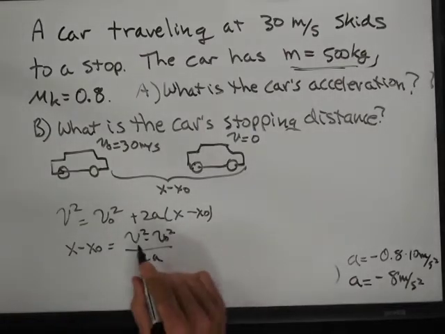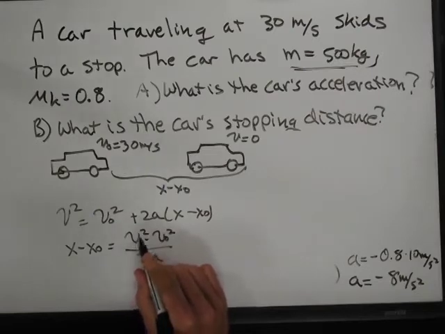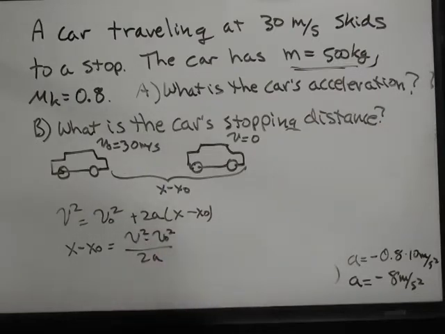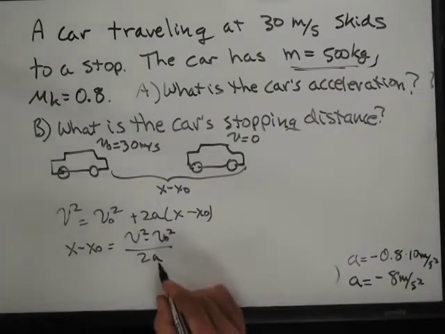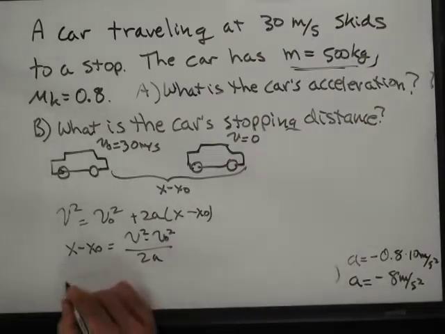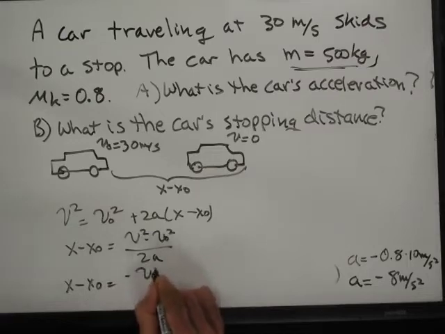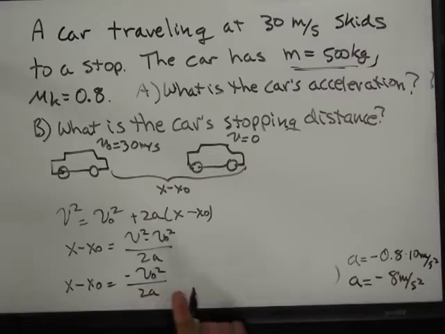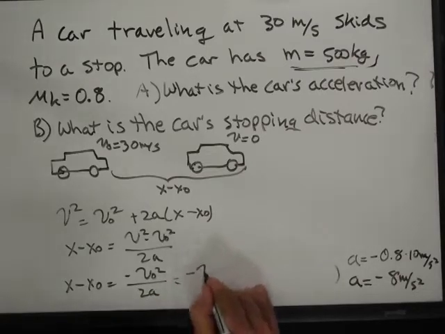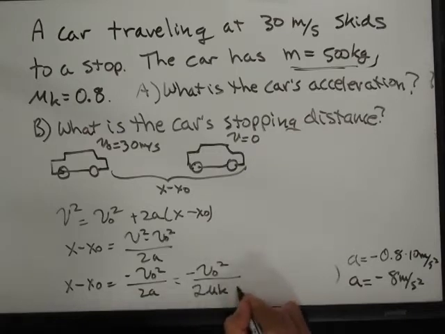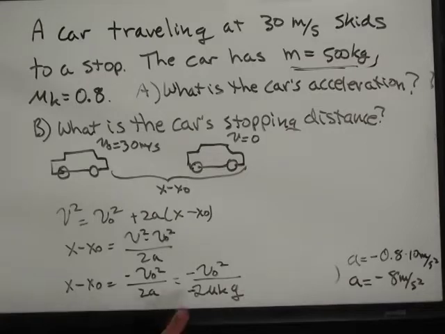These are all the things we know. Once again, V squared is 0, and so I'll just write it down here: x minus x naught is equal to minus V naught squared over 2a. If you remember, a came out to minus mu sub k times g, but we've got a factor of 2 out there.